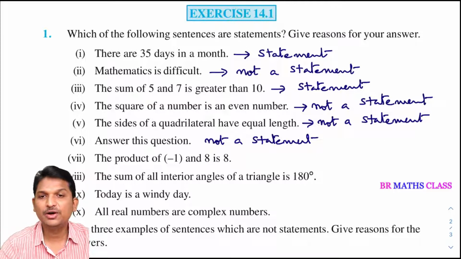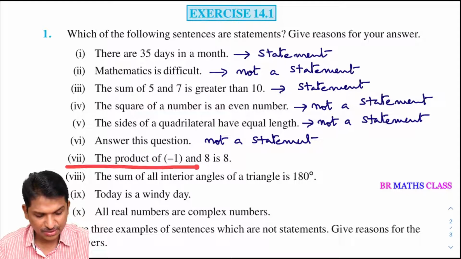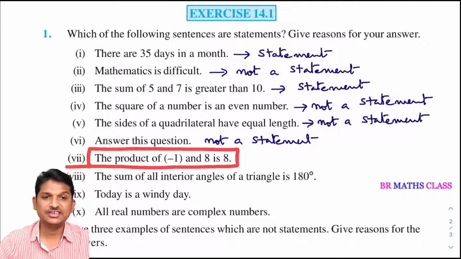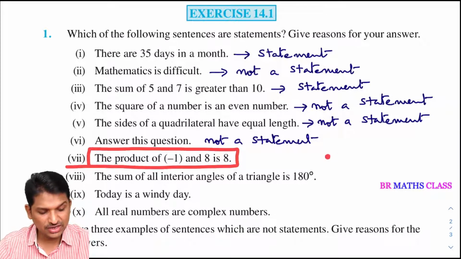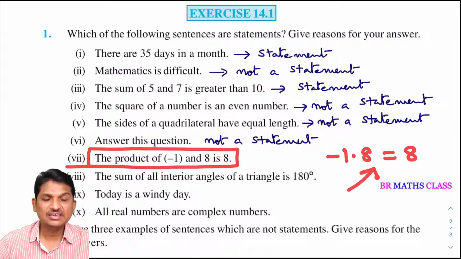Now, the 7th one. Product of -1 and 8 is 8. Look here, they are saying the product of -1 and 8 is 8. Can you declare whether it is true or false?